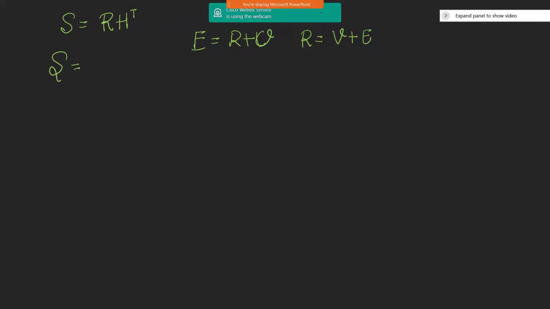The syndrome I will express as V plus E, in place of R, multiplied by H transpose. The syndrome can be written as V times the transpose of the parity check matrix plus E times the transpose of the parity check matrix.